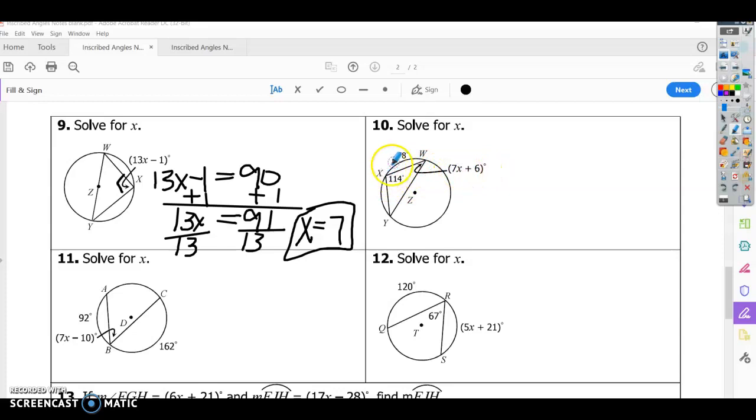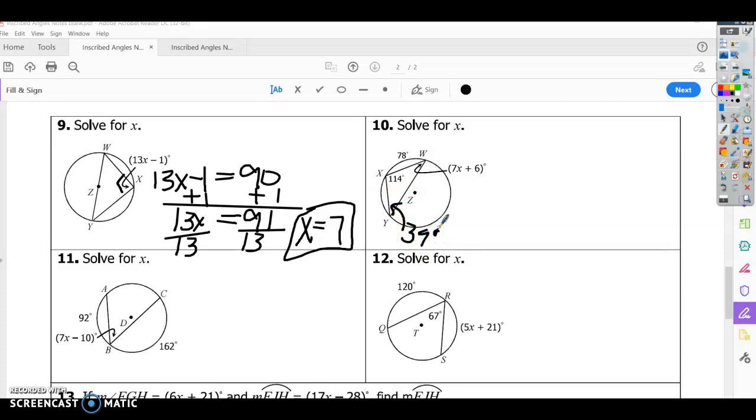So I can use this 78, as this inscribed angle is half of 78. So I'm going to say half of 78 is 39. So this angle here is 39 degrees.